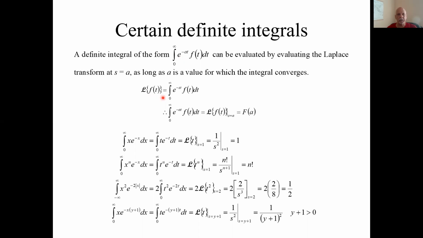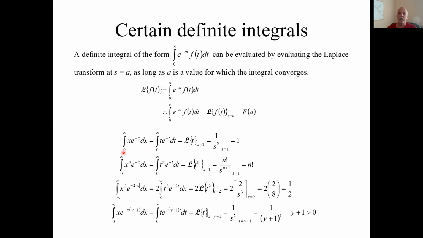So if you put in a for s, it's the same thing. You can evaluate this integral by finding the Laplace transform of this f and plugging in a for s. Let's do a couple of examples.